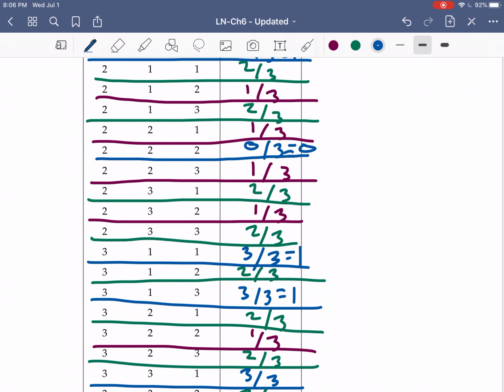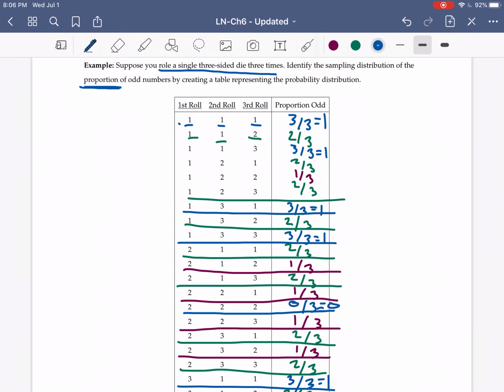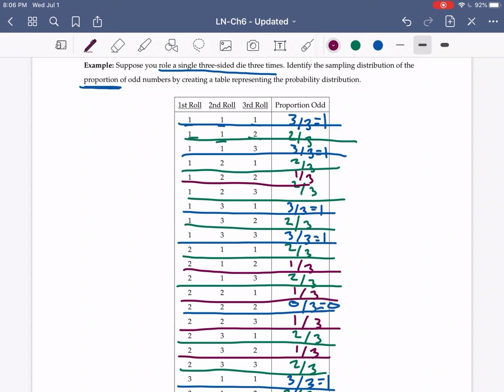All right. So there we have identified all of the proportions that show up. We have not yet identified what the distribution is, that sampling distribution for the proportions. So we will now go through and describe each of the proportions that we could have gotten or that showed up.